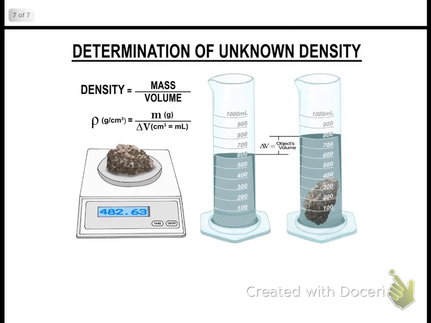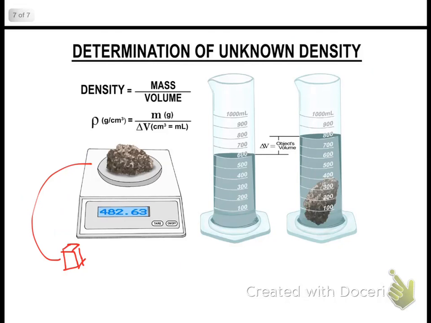So in the lab we're going to be doing some work with density, and we can determine density of an object by measuring its mass and measuring its volume. That's not so hard to do if I have, let's say, a cube of metal, and I can measure its length, width, and height, get its volume, and then I can put it on the balance and get its mass.